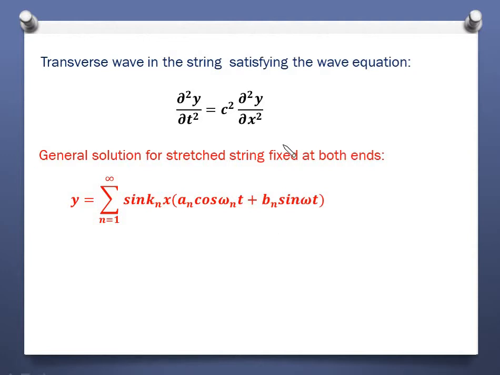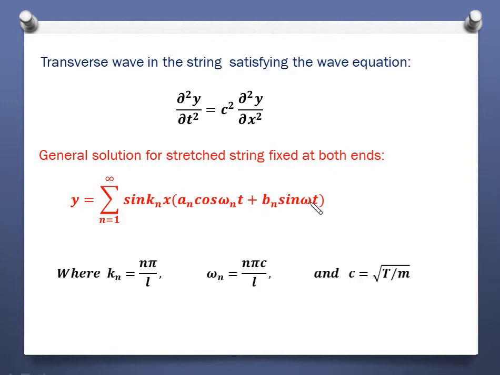So either you believe these two equations and carry on from here, or you can watch those two videos to understand where these two equations came from. You can find the link of the videos in the description. So we have these two constants an and bn, and we can determine them using those initial conditions. And this will be omega n.